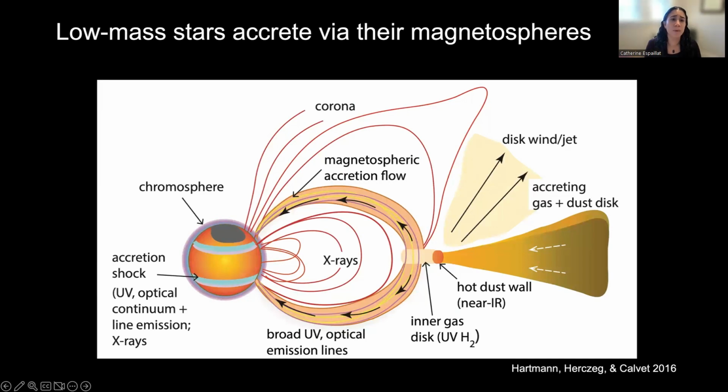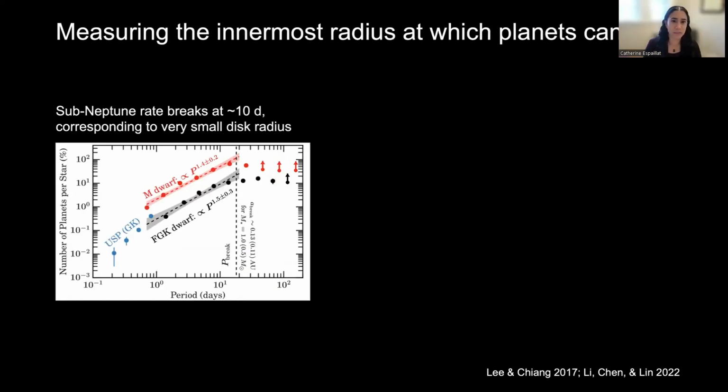What I'll be talking about for the next couple minutes is two important radii in the innermost disk: the innermost rim of the dust disk, and the innermost rim of the gas disk. So there are two inner radii in the disk. Most people think of the innermost radius of the disk to be where the gas is channeled onto the star, but we'll see the importance of distinguishing between where the gas and the dust terminate in the innermost disk.